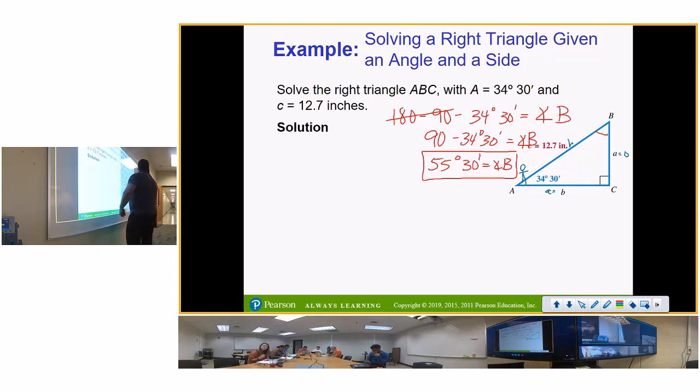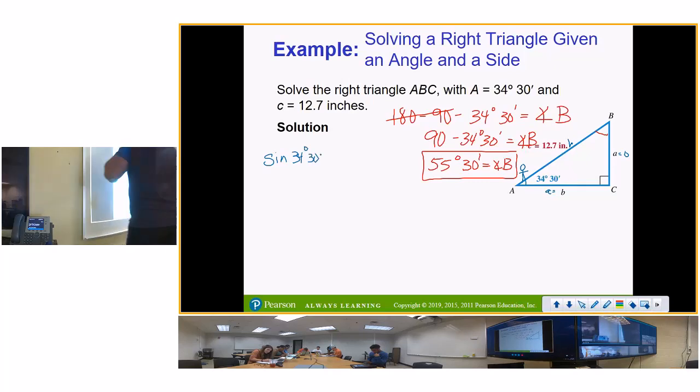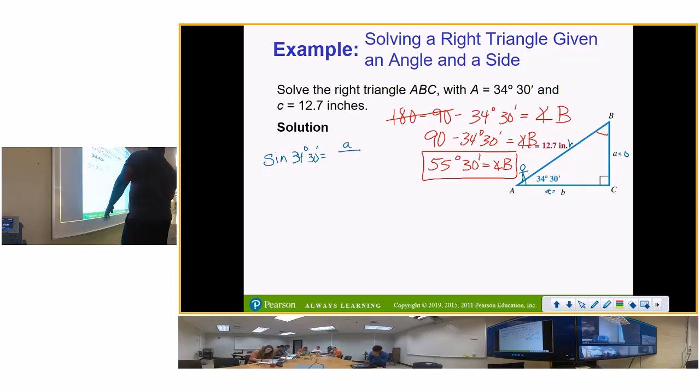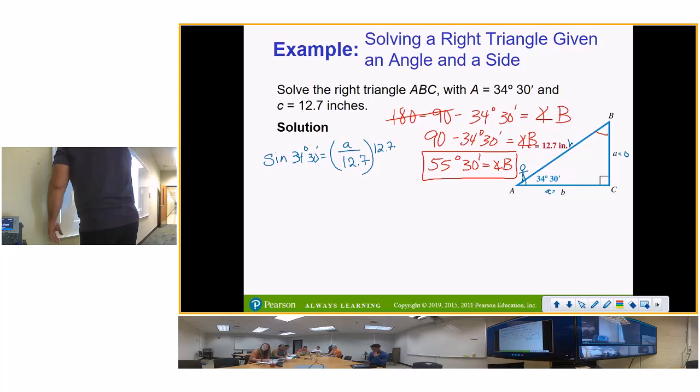Oscar had, so we can do Oscar had, that's the sine, right? So the sine of 34.30 is equal to Oscar, it's A over, and I hate your choice of letters here because it just messes everything up, over 12.7. And now use your algebra, multiply by 12.7 on each side.